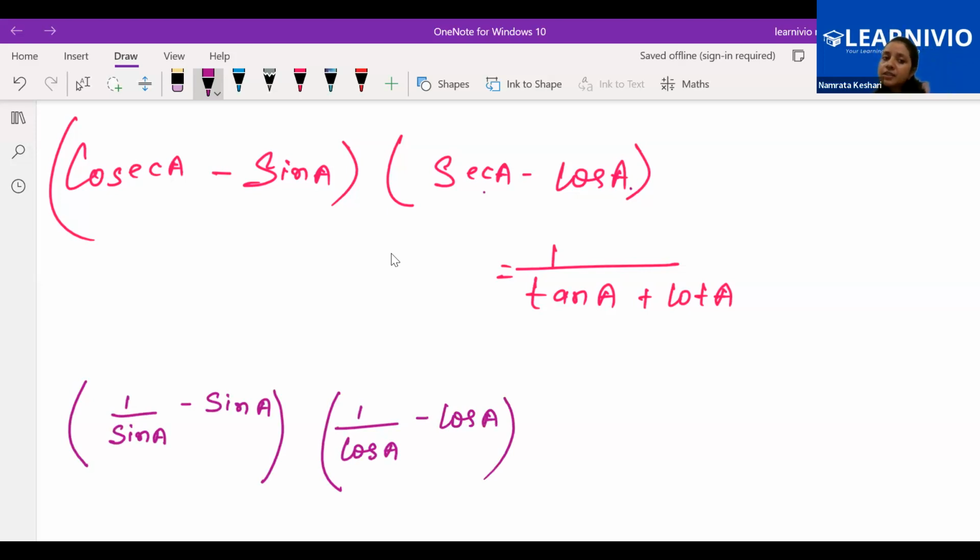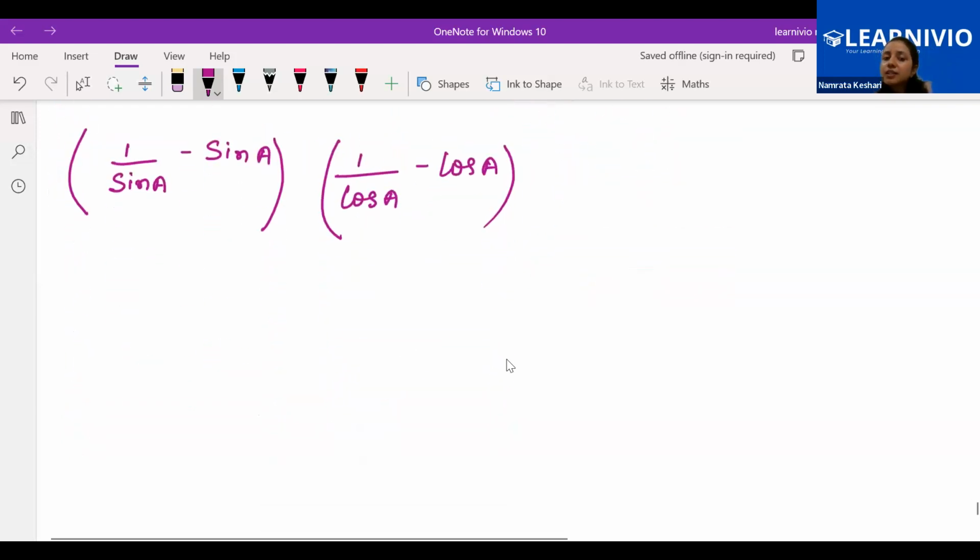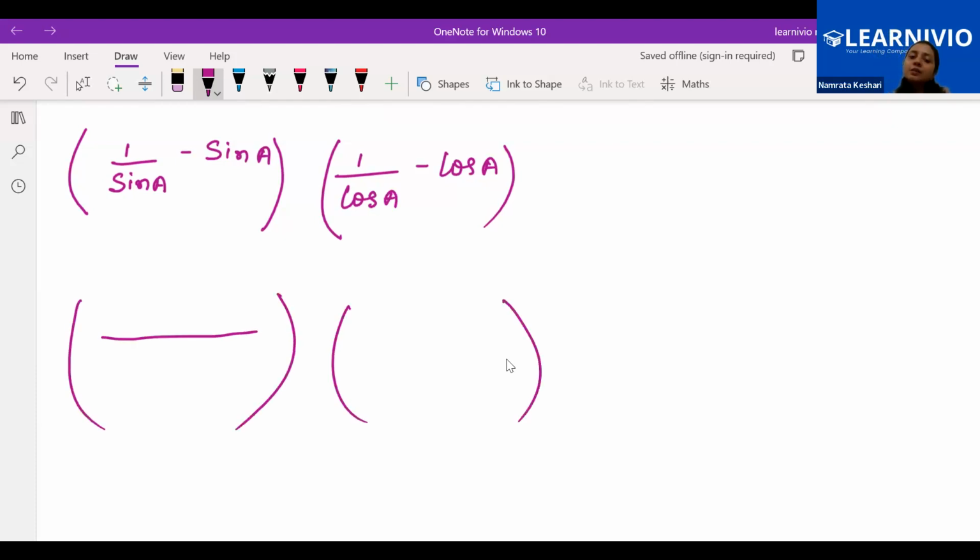Whatever we can see, we are trying to figure it out. Cosec can be written as 1 by sine, sec can be written as 1 by cos, and then we can see here LCM we can take out. Yes or no? Can we take out LCM in the first bracket and work on it separately, and then LCM in the second bracket and work on it separately?